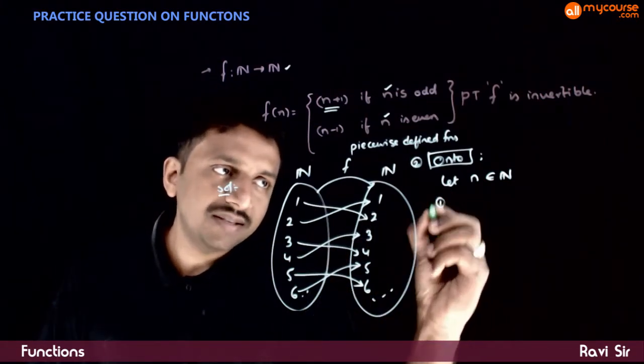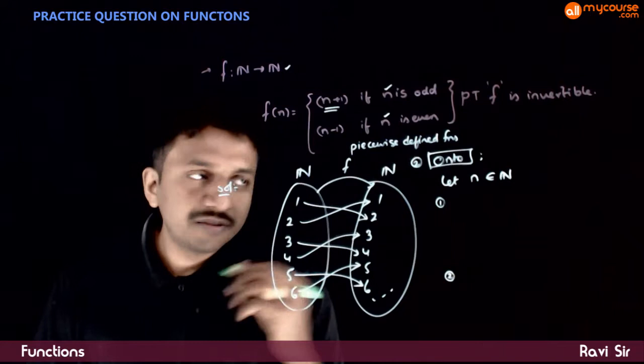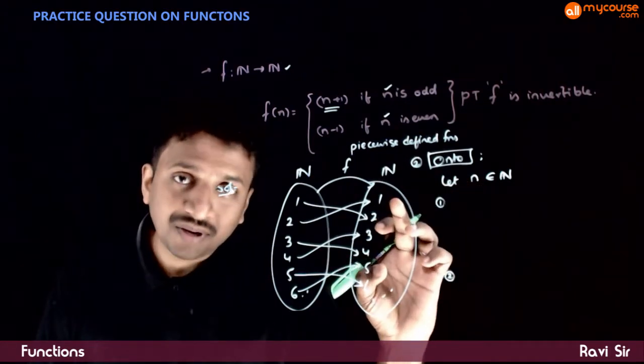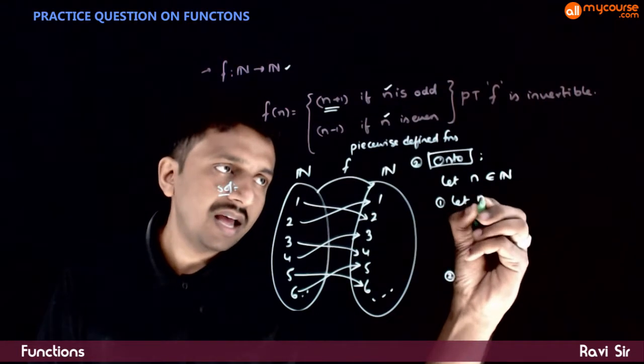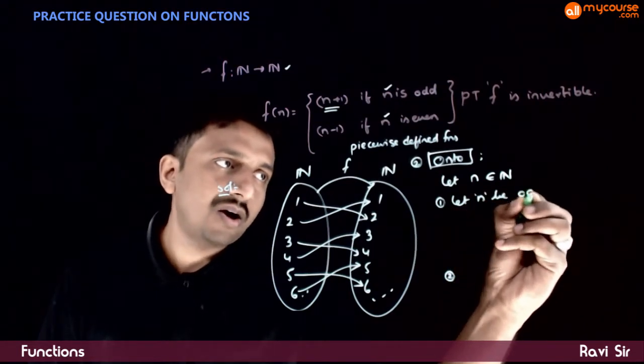Now, you have two cases again. The first case is this number can be odd or even. So let n be odd.